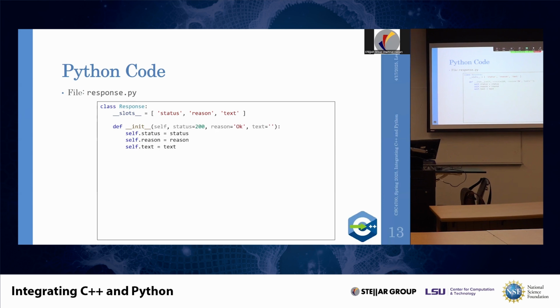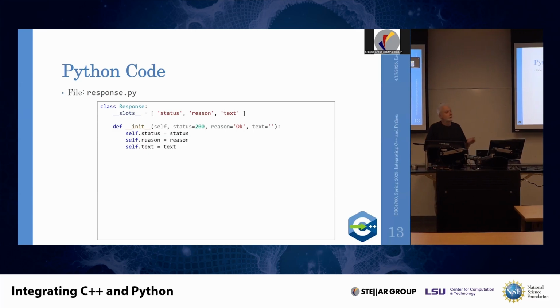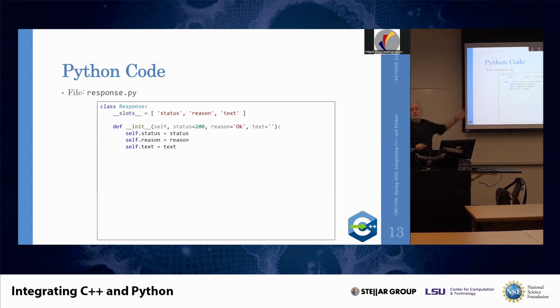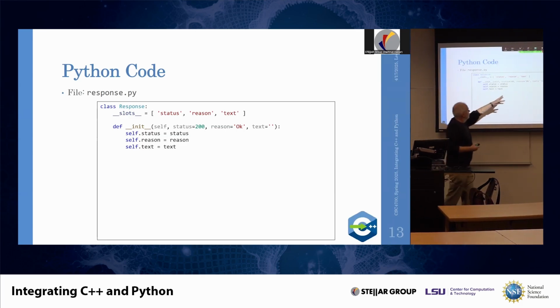It has a constructor where I can initialize my type, which is on the Python side, for those who never did Python, double underscore init double underscore. Those underscore functions are special functions you can write on your types to do certain things. And this is the equivalent to a C++ constructor with the arguments 200, OK, and text.